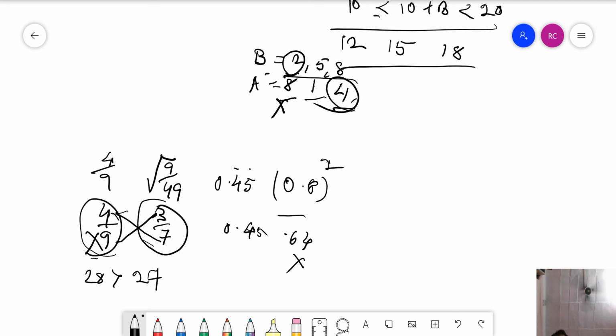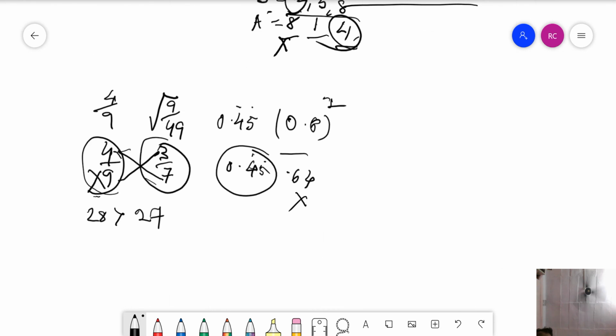So we are left with this, and we are left with this. 0.45 recurring basically means 0.4545, and it goes on. You consider this to be x.